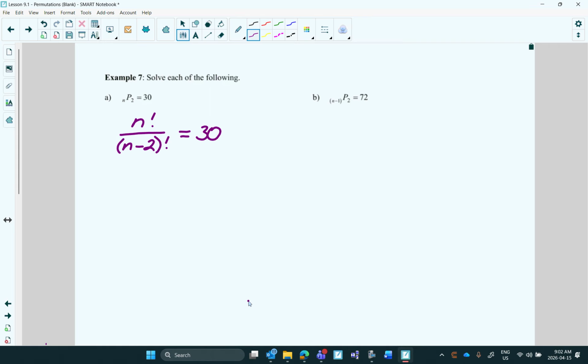I have to solve for n. Well, the first thing I want to do is get rid of the factorial. And we do that like we did on the previous page. Take the bigger one, start writing down until you hit the smaller one, and then put a factorial.